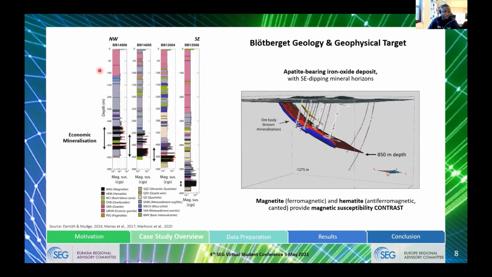From northwest to southeast, you can see where the economic mineralization occurs, and it increases in depth as we go towards the southeast. This body consists of areas of different ore minerals, the magnetite-rich region and the hematite-rich region. These two regions provide good magnetic susceptibility contrast, which is needed for delineation in a magnetic survey.